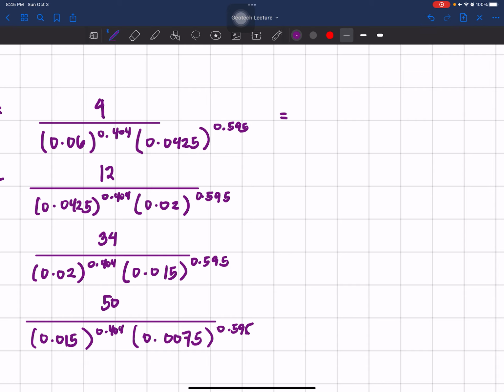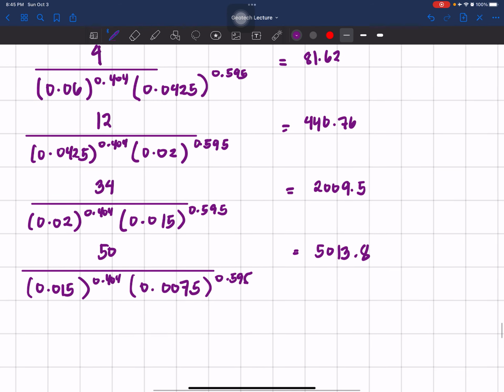Okay. So, yung unang term natin, the value of this is 81.62. Yung second natin, the value is 440.76. The third one, we have 2009.5. The fourth one is 5,013.8. Okay?